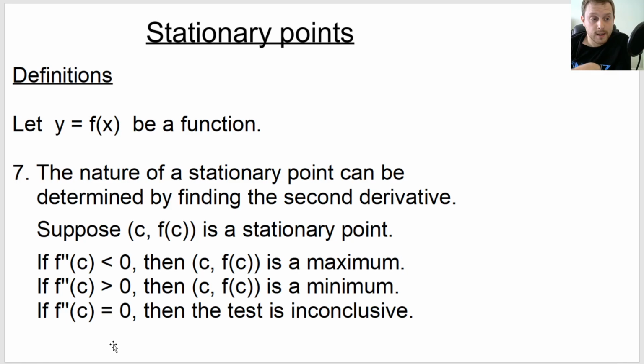It could be a maximum or a minimum or a point of inflection. You have no way of knowing. More investigation would be necessary. You might draw it, but you can't rely on the second derivative test alone. However, if you do get a negative answer, then you know it's a maximum. And if you get a positive answer, then you know it's a minimum.